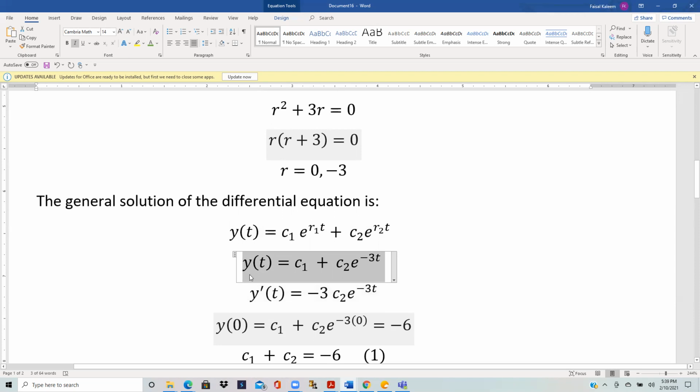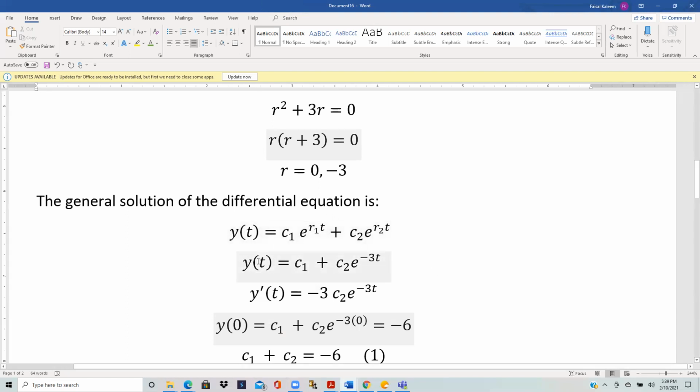But in this case, since we do have initial conditions, we can't say that this is the solution to the equation. This is the general solution. General solution is the one which involves the constants C1 and C2. And once we find the constants, then that will be the solution.